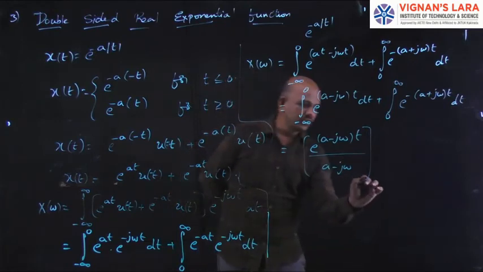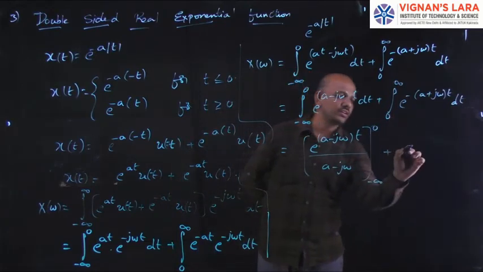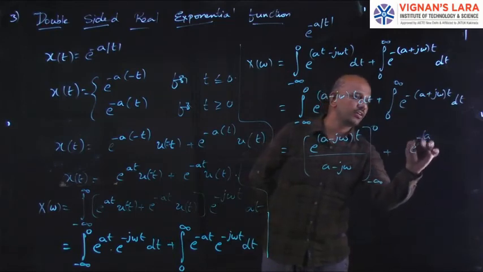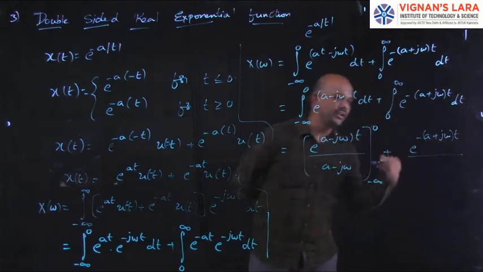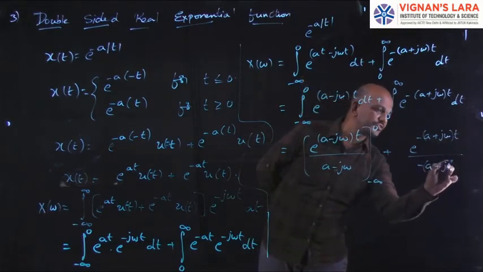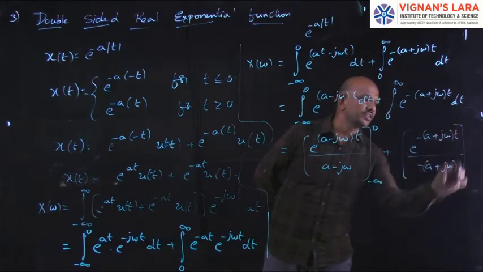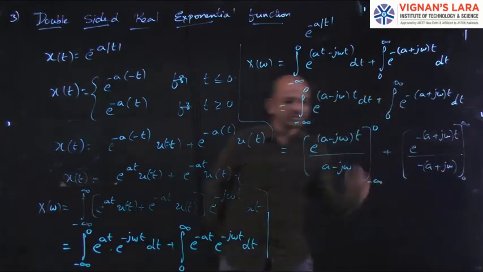The limits are minus infinity to 0, plus, what is the integral of this one, e power minus of a plus j omega into t divided by minus of a plus j omega, and the limits are 0 to infinity.